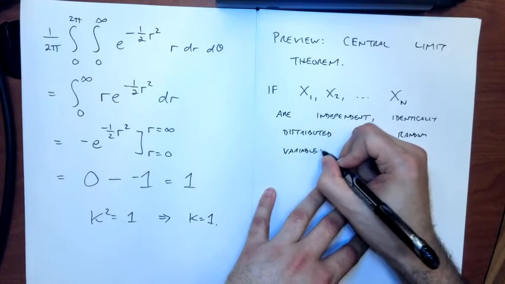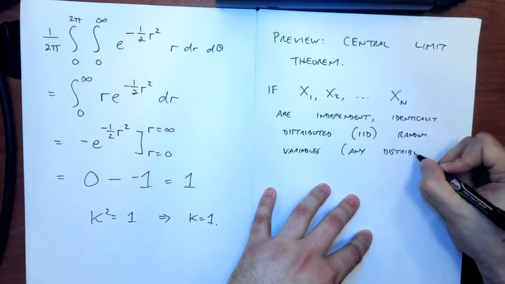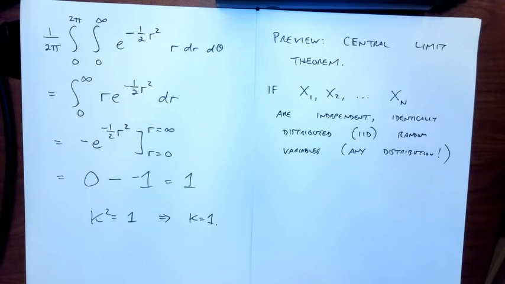So what I'm saying here is that suppose I have some distribution, right? Doesn't have to be Gaussian, could be anything, could be uniform, could be binomial, could be whatever. No matter what random variable I choose, as long as I keep on drawing observations of that random variable and add them up, right?